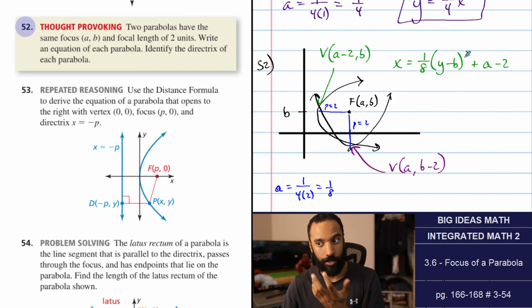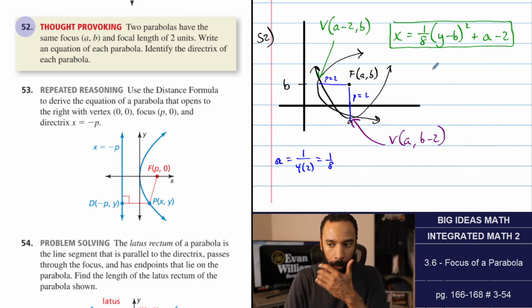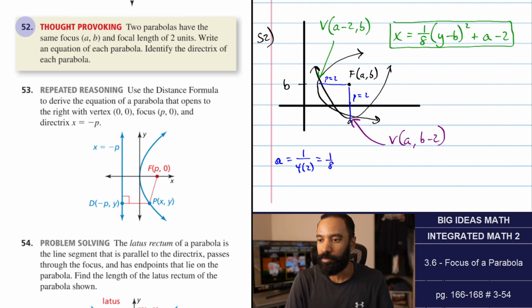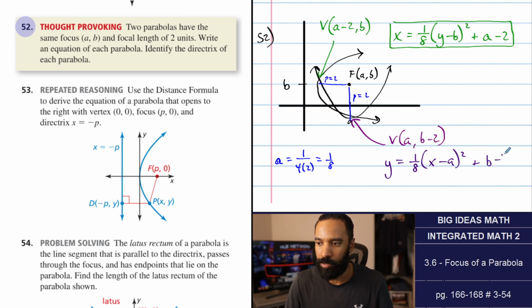It looks strange, but that is the equation of this one. This one in purple, a comma b minus 2, is a y equals x squared equation. So it's y equals 1/8 times x minus a, quantity squared, plus k, b minus 2, like that. Those are the 2 equations.